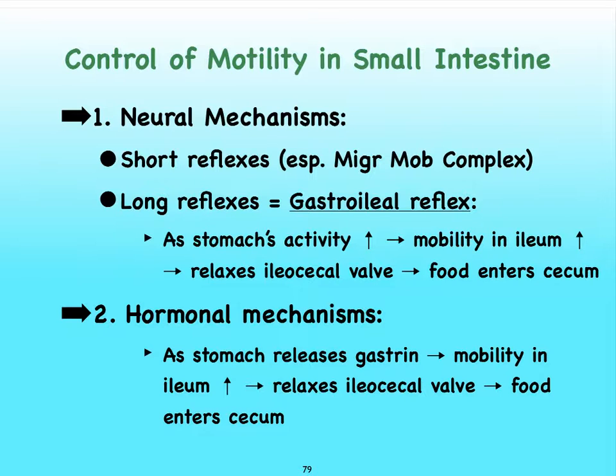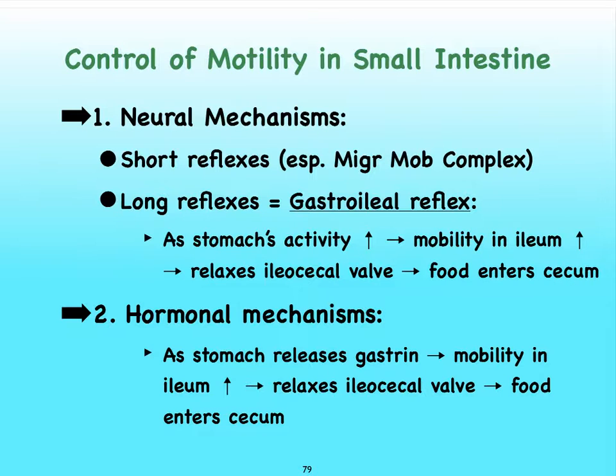When the stomach starts to become more and more active, we're going to already see that this impacts the ileum. We're quite a ways away from the stomach, and we already see some motility occurring in the ileum. Once there is some motility occurring in the ileum, it's going to relax that valve, that sphincter that interconnects the ileum with the large intestine, and consequently food can enter the beginning of the large intestine called the cecum.